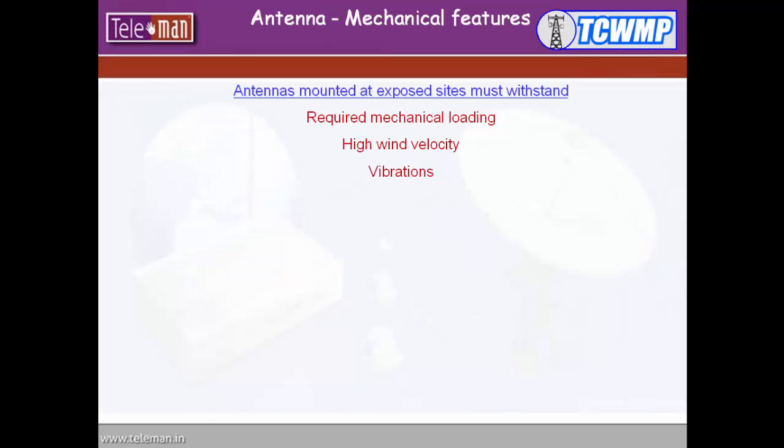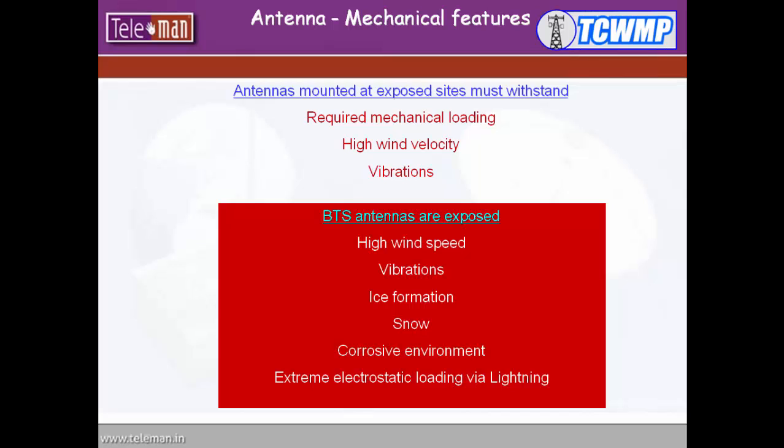Now we'll talk about the antenna's mechanical features. Antennas mounted at exposed sites must withstand the required mechanical loading. This is where you fix or install the antenna, so it should meet the required mechanical loading. It should withstand high wind velocity and vibrations. BTS antennas are normally exposed to high wind speed.